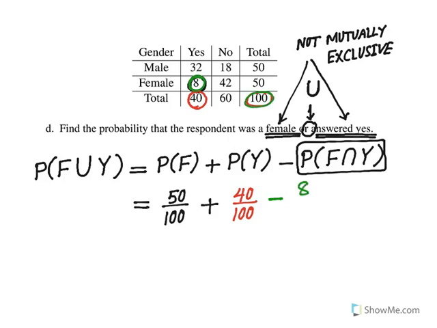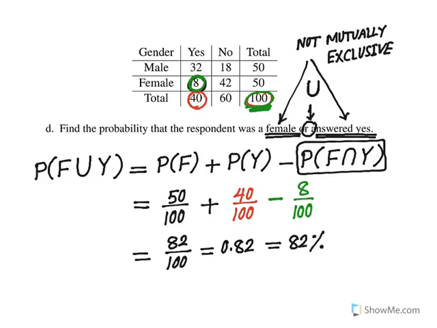So minus 8 out of the 100. Here there is nothing given, so you always take the total number of people because it's not a conditional probability. And so if you do this addition, it will be 90 minus 8, which is 82 over 100, and that is 0.82, or if you want to write it as a percentage, it's 82%.